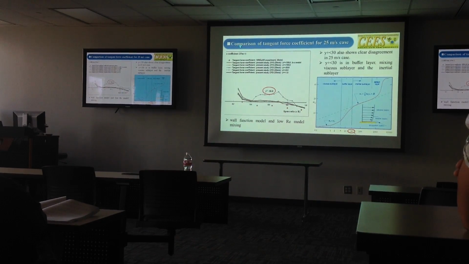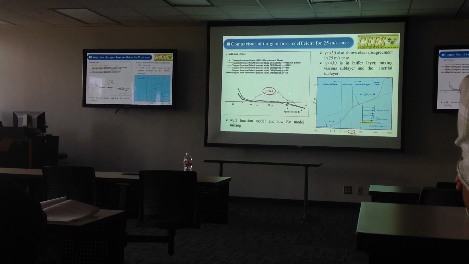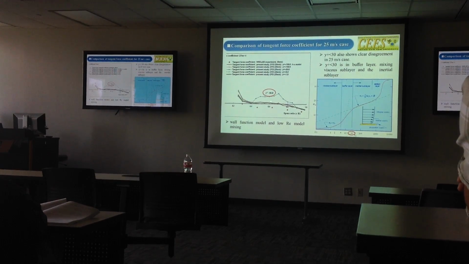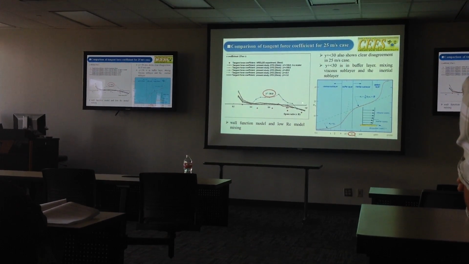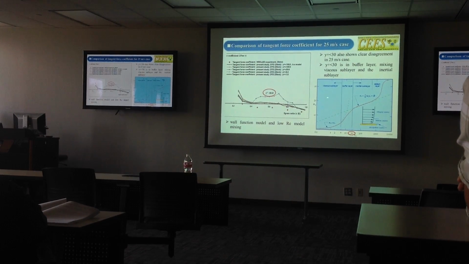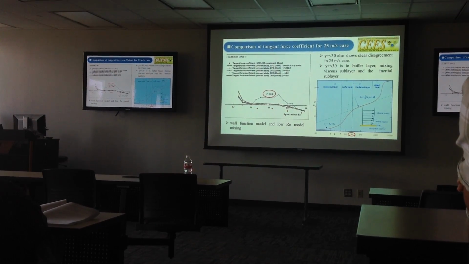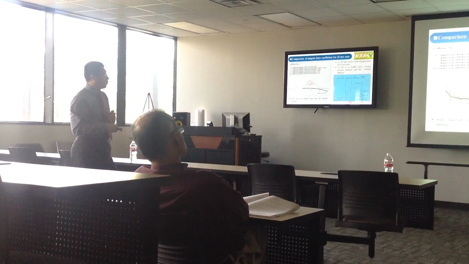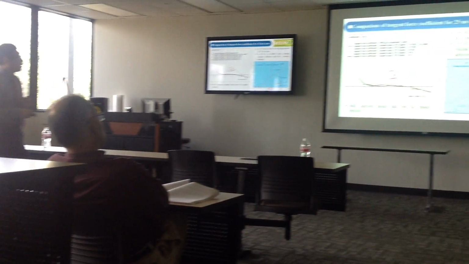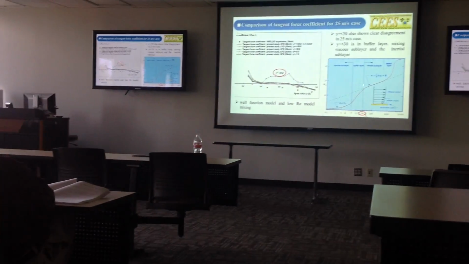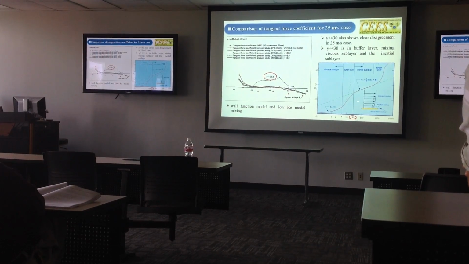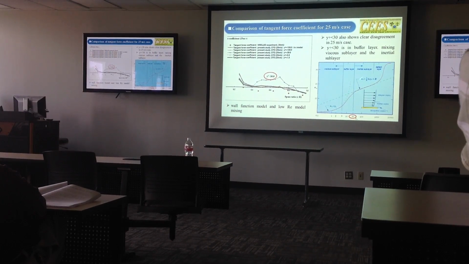In the 25 meter per second case, we found the main difference located in the Y plus less than 30 case instead of the 150 case. The reason is that when Y plus is around 30, it is in the buffer layer, which is next to the viscous sublayer and the inertial layer.